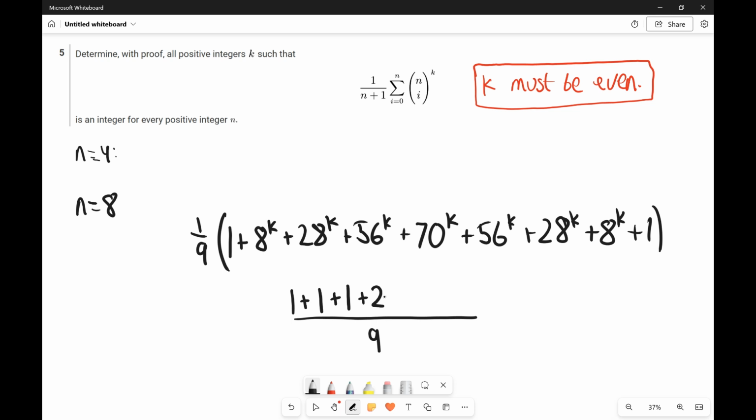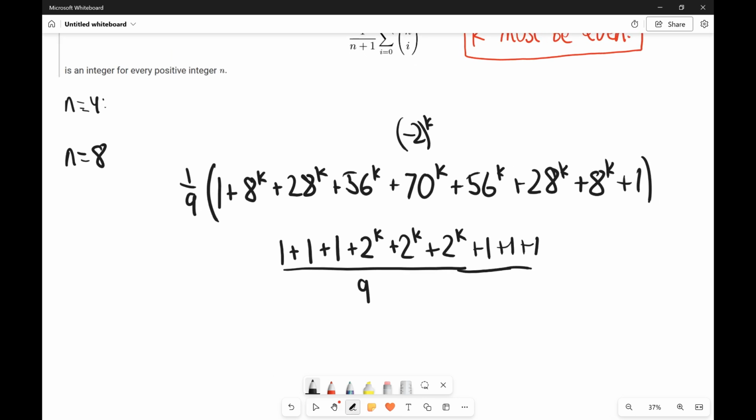So we have 2 to the k plus, and then this one here, it is negative 2 to the k. So that's 2 to the k as well. Similarly, this one is 2 to the k, and then we go back to 1.